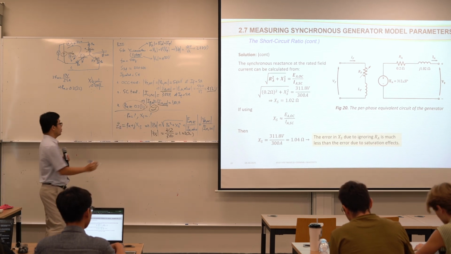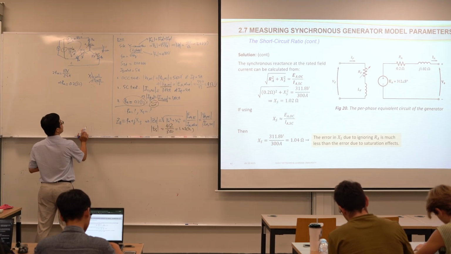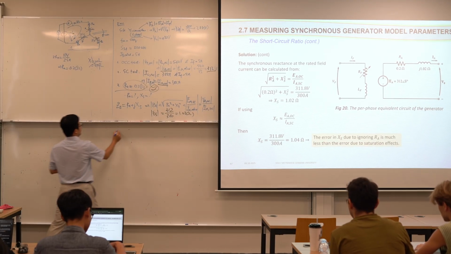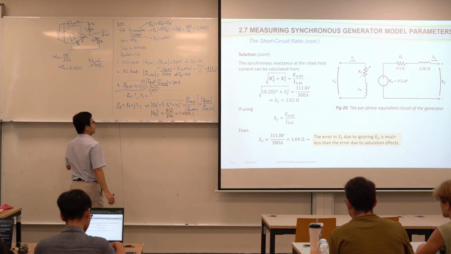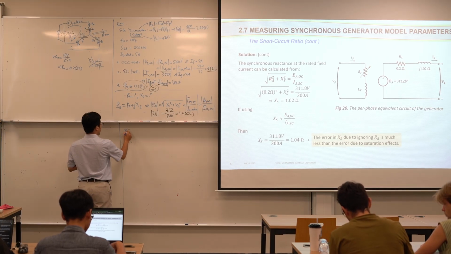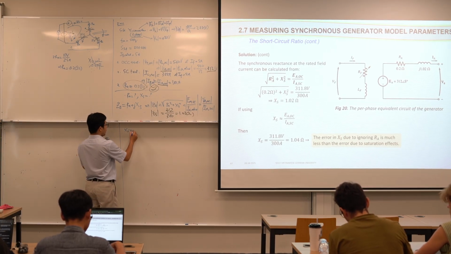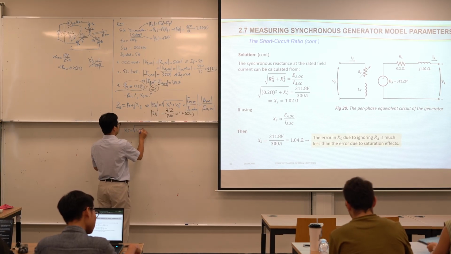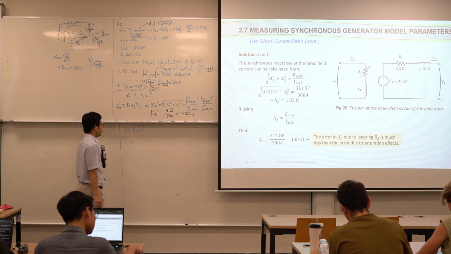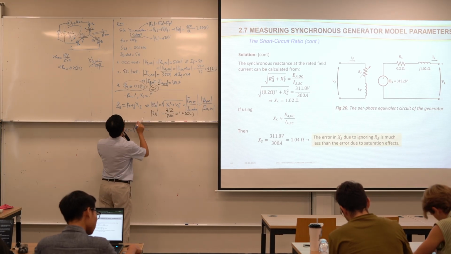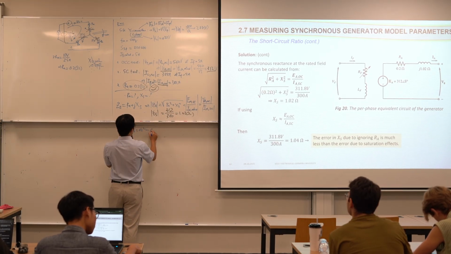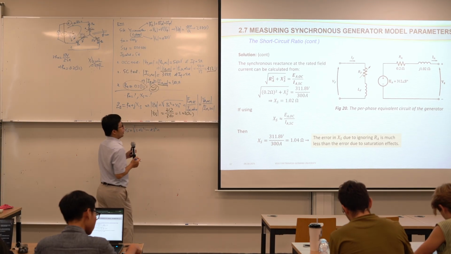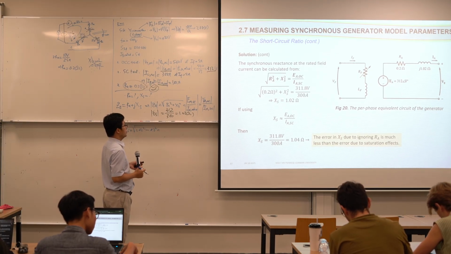Okay. So after that we can calculate XS, right? XS is the square root of ZS square, that means 1.02 square minus 0.2 square. And then we can get the answer.